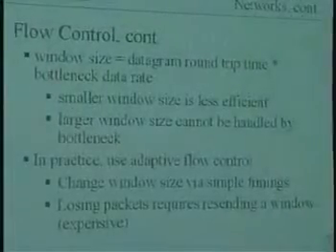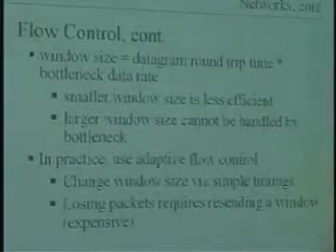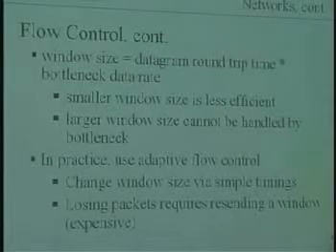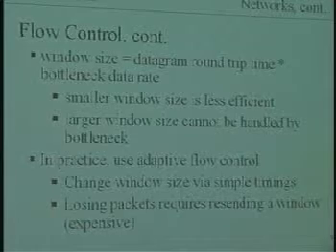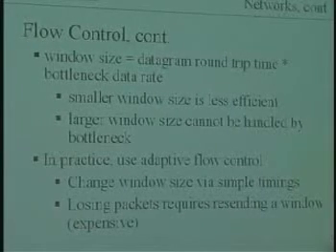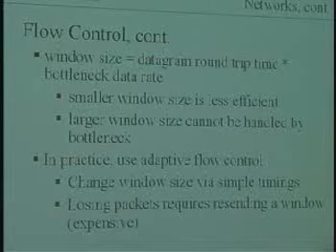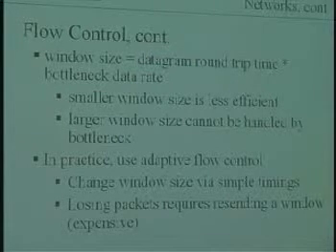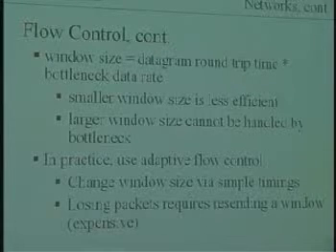We already talked about how we can change the window time. So ideally, if the network is going to be your bottleneck, as congestion patterns change, you want to be able to dynamically adapt your window size to make sure that your packets aren't being dropped. And the big trade-off you face is that if you lose packets, you basically have to resend either that packet or potentially the whole window.